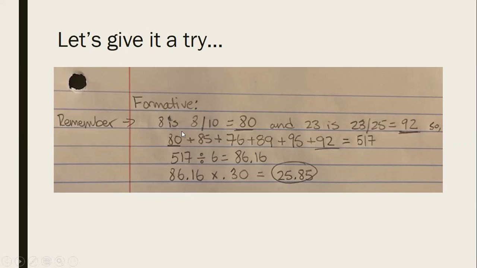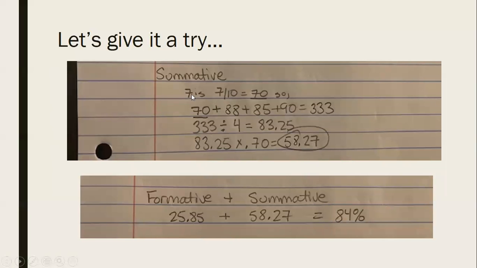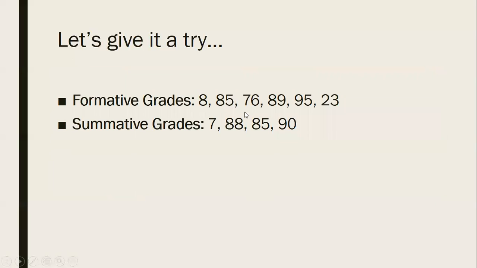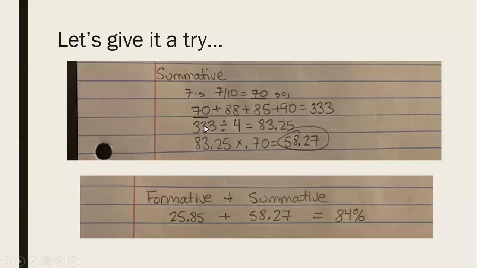We take 517 and we divide it by 1, 2, 3, 4, 5, 6. Same process, we get 86.16, and then we multiply that by 30% because it is a formative grade, and that's our formative number. We do the same thing for summative, except that 7, let me take you back here, this 7 can't exist. It's not on the same scale. So we take that 7, and we convert it to 70, because 7 out of 10 is 70.